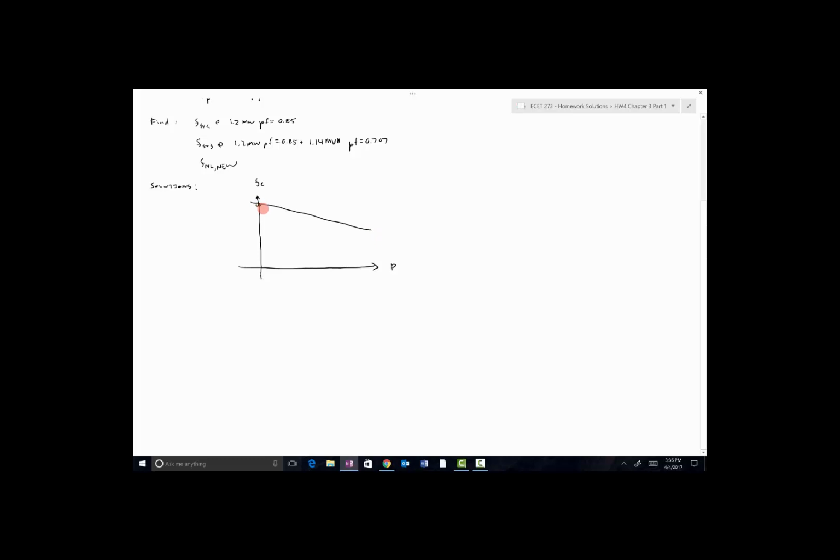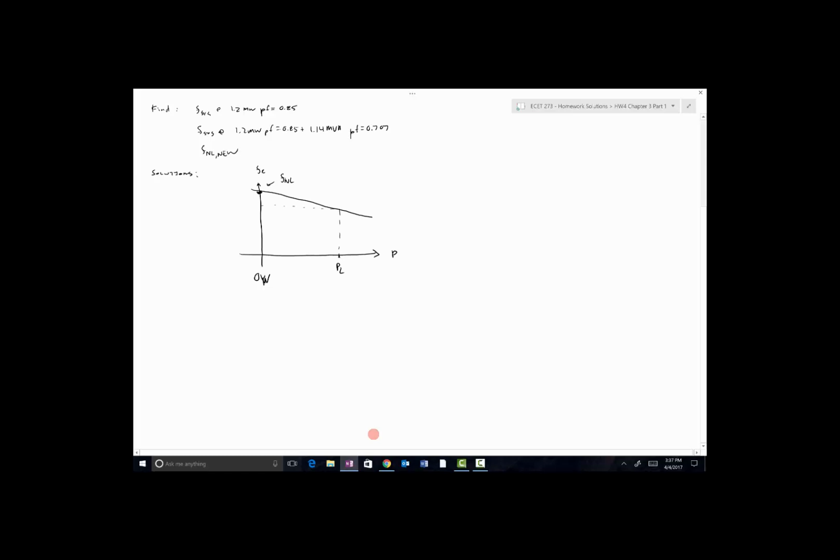The point where that straight line crosses the y-axis, or the 0 watt axis, is called the no load frequency, or sometimes the generator set point. Then we find the load power demanded from the generator, draw a line straight up until it intersects with the droop characteristic plot, and then go straight back and find that XY coordinate right there. And that's the system frequency, F_sys.